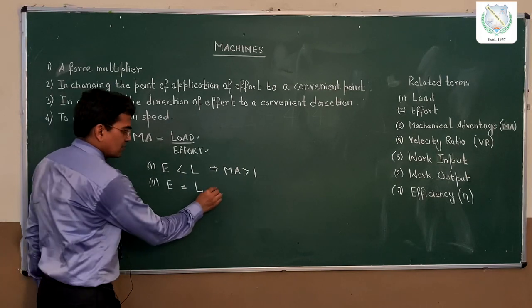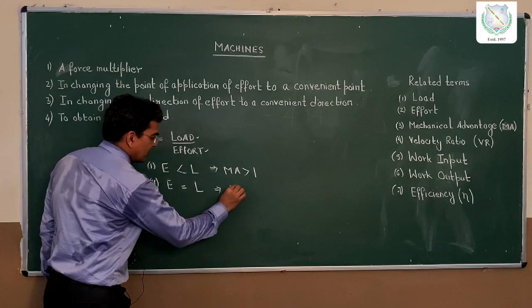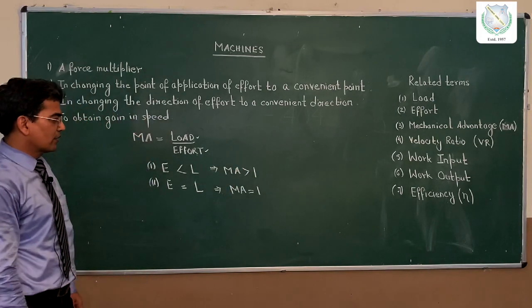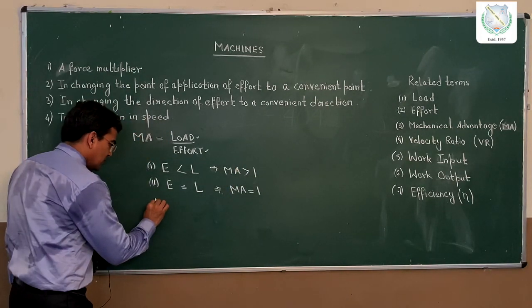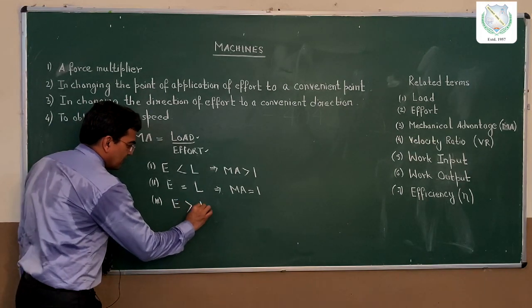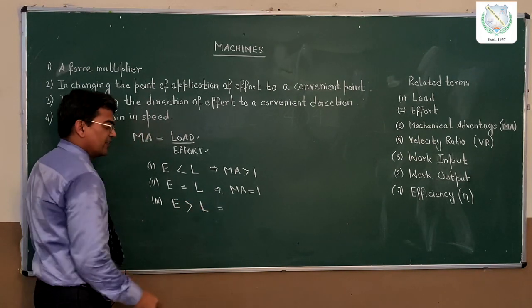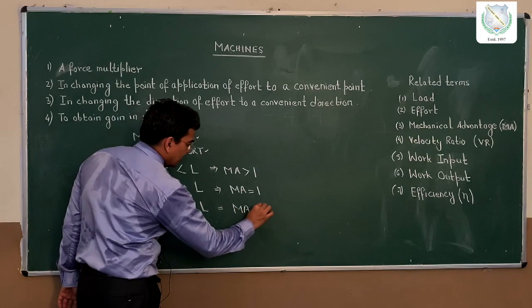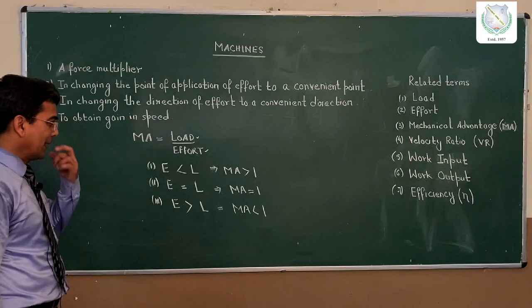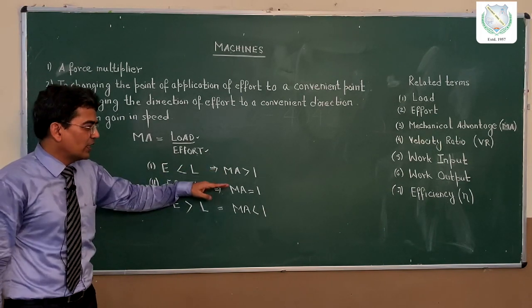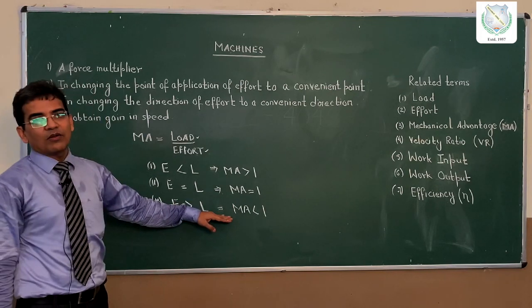In this case, we will get a mechanical advantage of the machine equal to 1. Or we may have the third case also, where effort is more than the load. In this case, we will get a mechanical advantage of the machine less than 1. So that means a machine can have a mechanical advantage greater than 1, equal to 1 and less than 1.